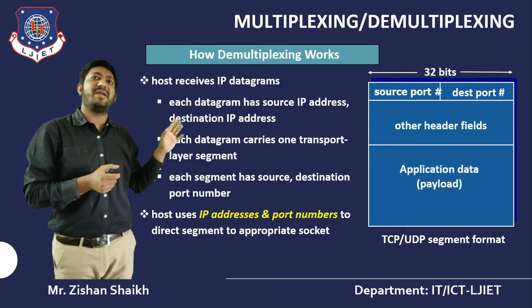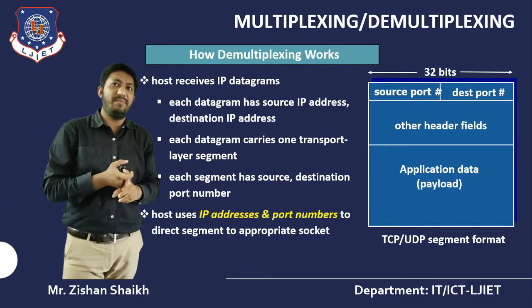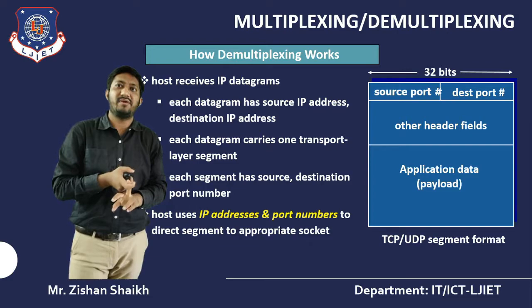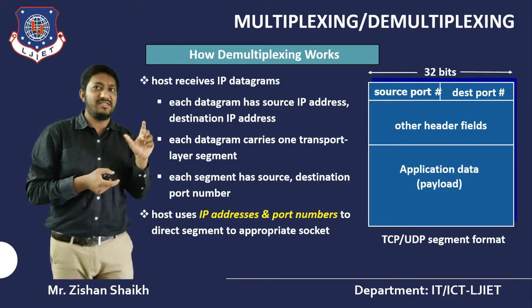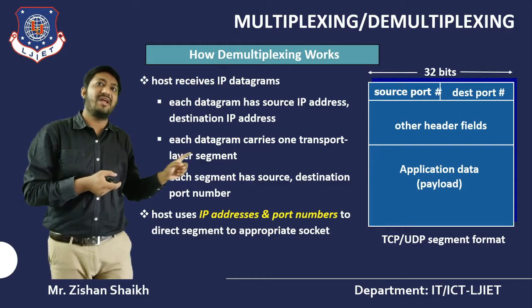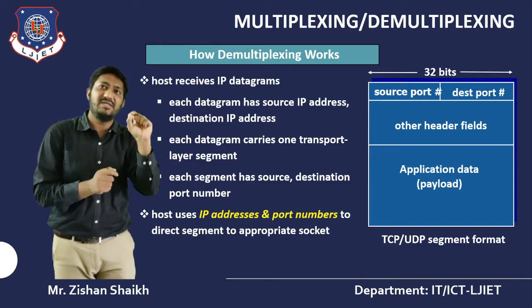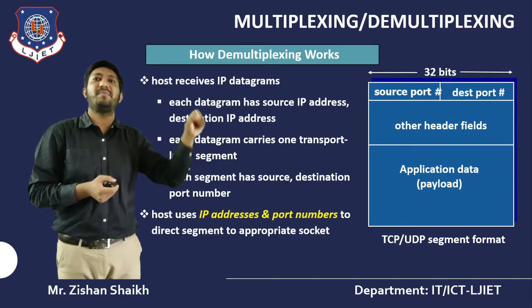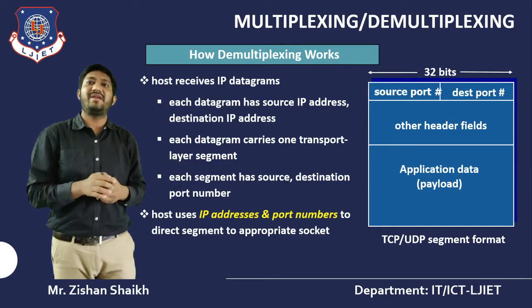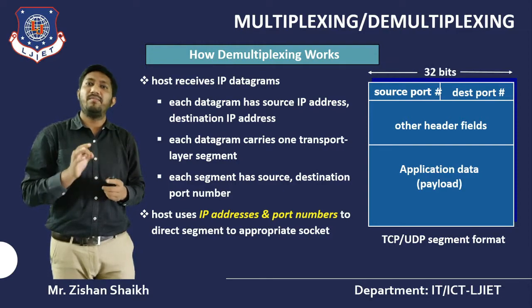Each datagram has a unique source IP address and destination IP address, and each datagram carries one transport layer segment, that is our message, and each segment has the source and destination port number. So whenever that message travels through the network, it carries the IP as well as the port number.